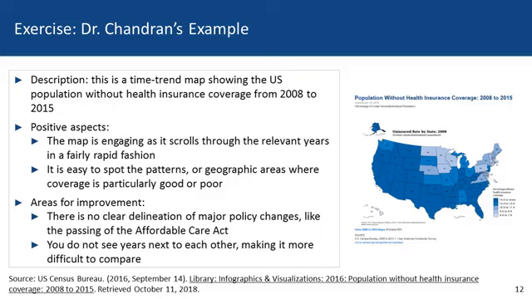Thus, it is easy to spot the patterns or specific geographic areas in which coverage is particularly good or particularly poor. Areas for improvement that I note: there is no clear delineation of major policy changes that occurred during this time, such as the passing of the Affordable Care Act. Second, I don't get to see years placed next to each other, and thus comparisons are a bit more difficult.